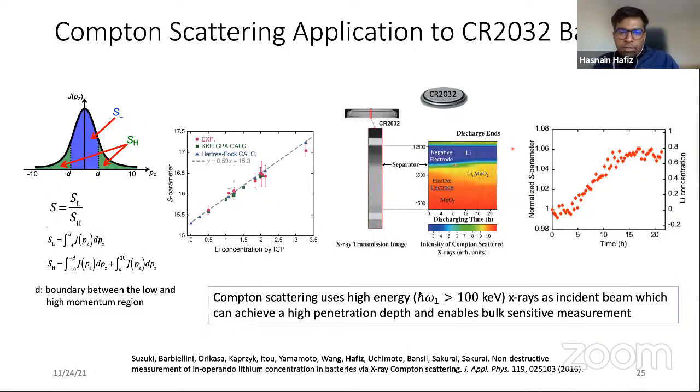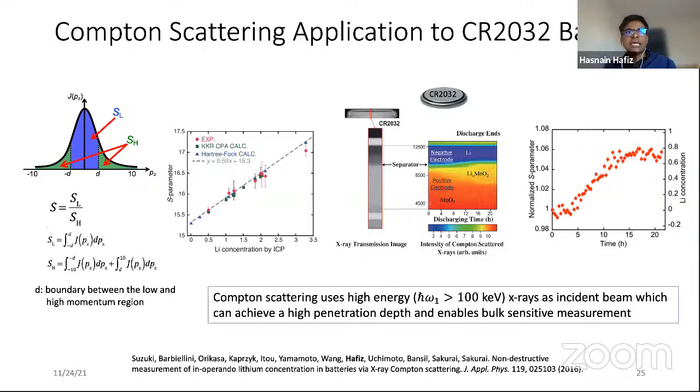So we can then track the S parameter in a certain area of this battery over time, and this can be used with the previously derived relationship between the S parameter and lithium concentration. From that linear relationship, we can also get the distribution of lithium over time.